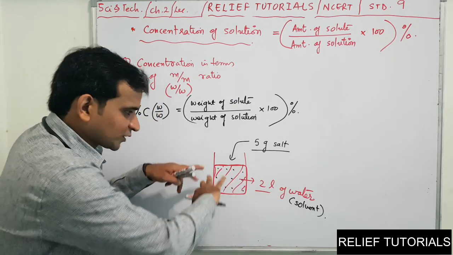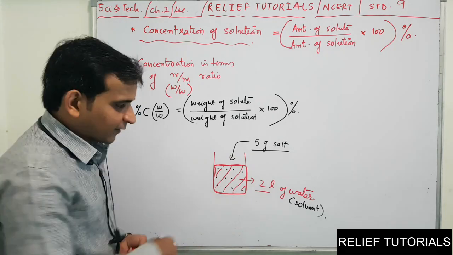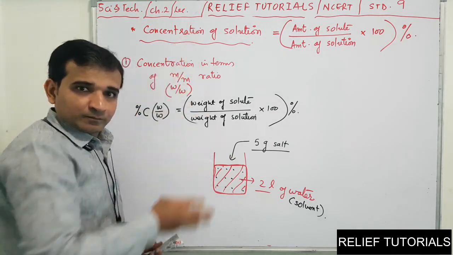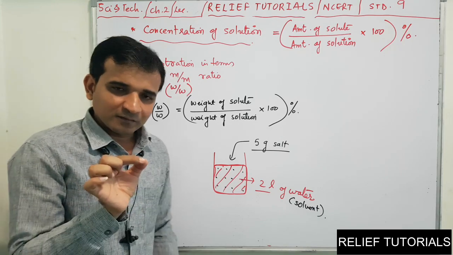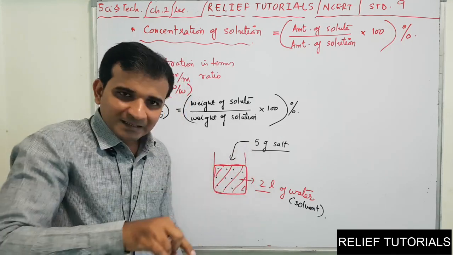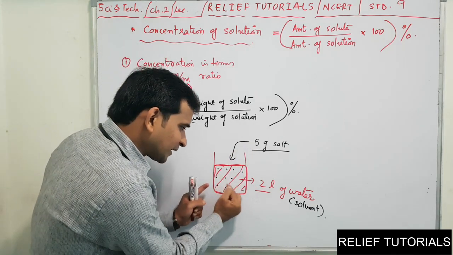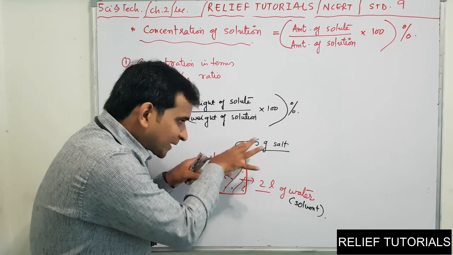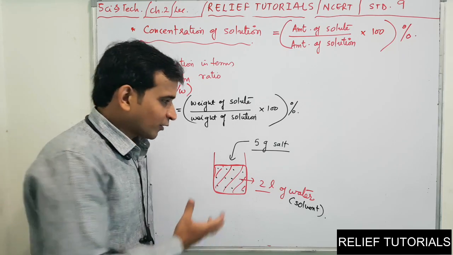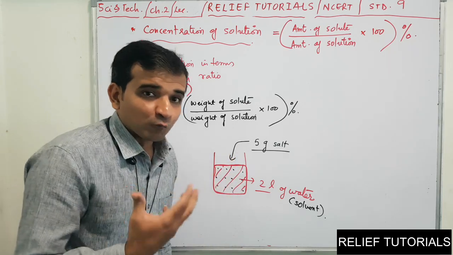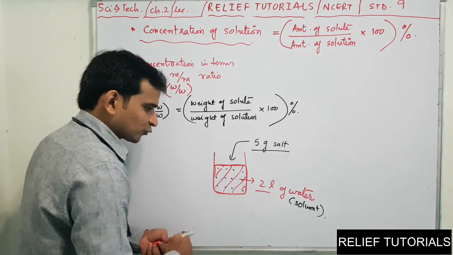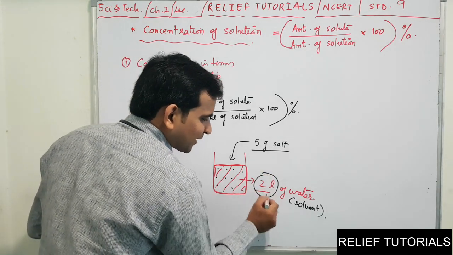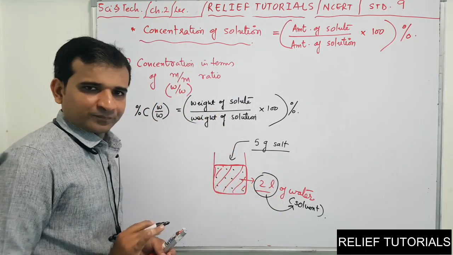No, because the region, the volume, remains same. What do you think, when you add salt, does the water level come up? Never, because the molecules of salt take the place in between the intermolecular space of water. So they are not actually creating new space, they are not occupying new volume. So the volume of the solution also remains same as the volume of solvent.